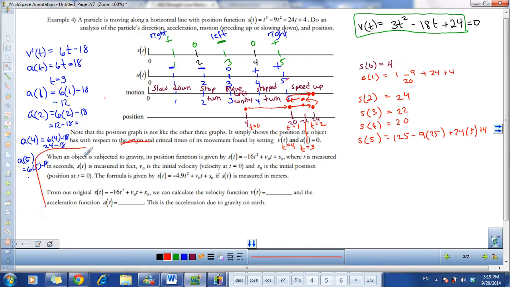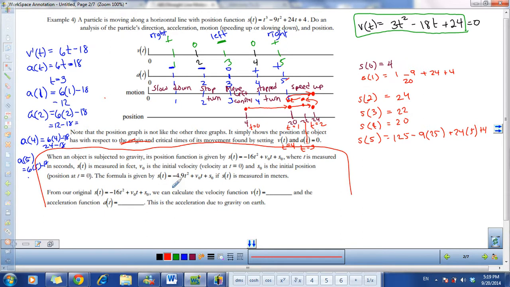Anyway, moving on. So when an object is subjected to gravity, its position function is just given by s of t equals negative 16t squared plus v sub 0 t plus s sub 0, where t is measured in seconds and s of t is measured in feet. V sub 0 is the initial velocity at t equals 0, and s sub 0 is the initial position at t equals 0.